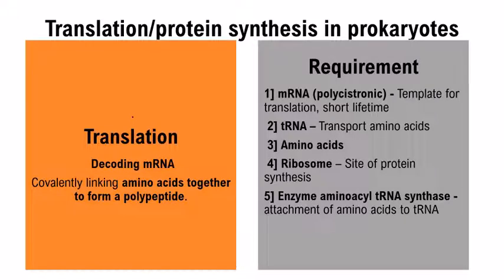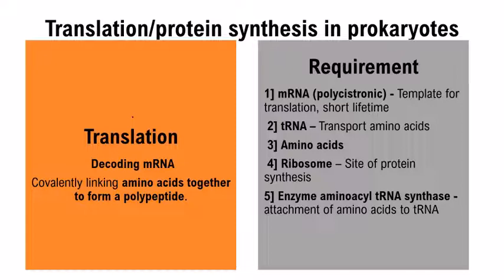In order to carry out the translation mechanism, the components that are required include mRNA. Now we know that within the prokaryotic organisms, a polycistronic mRNA is present. So the first requirement would be polycistronic mRNA, which represents the information for more than one protein. This mRNA acts as a template for the translation. This mRNA within the prokaryotic organism has a very short lifetime.